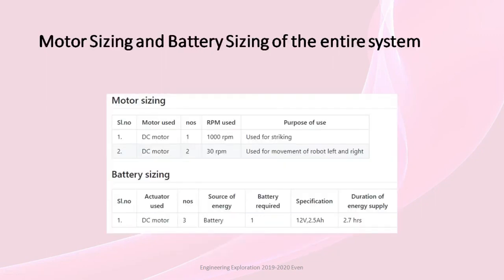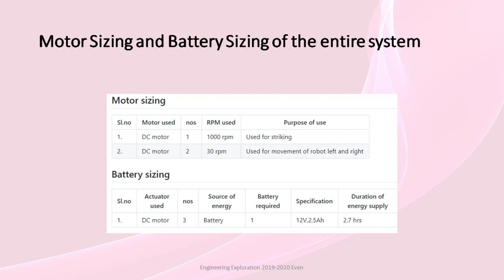After the bill of materials, we had to move on to motor sizing and battery sizing of the entire system, so that our robot should work effectively. For the motor sizing, for the first motor, which was used for striking, we decided to go with a 1000 rpm motor by using the rotating torque formula, and we got a value around 0.10.